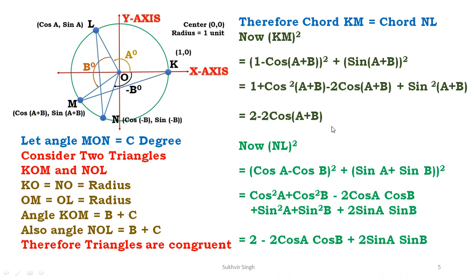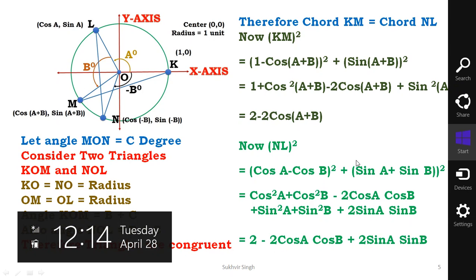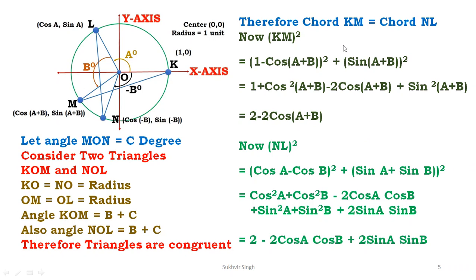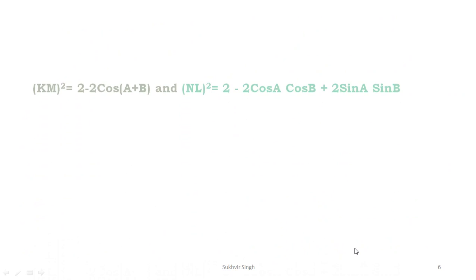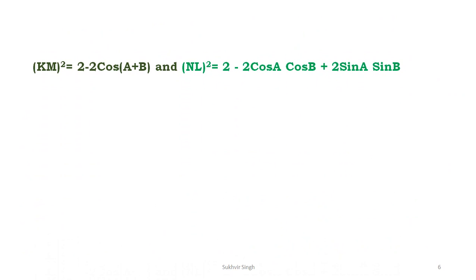Similarly, we can calculate the value of NL square, and this value will be 2 minus 2 cos A cos B plus 2 sin A sin B. Because these values are equal, we can put both values equal: KM square and NL square.